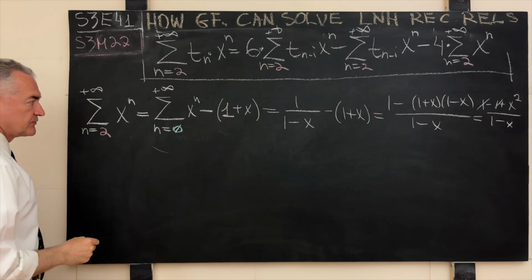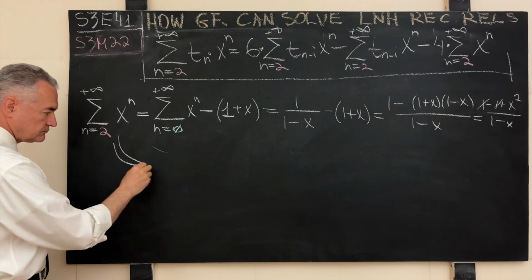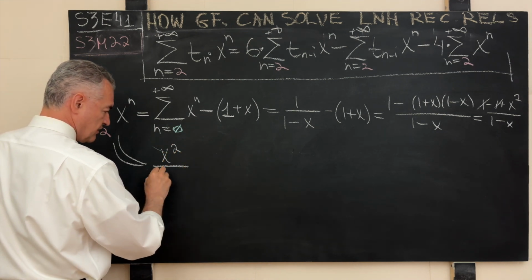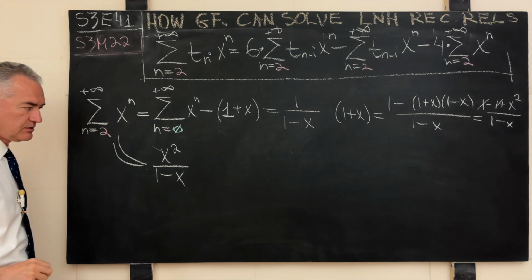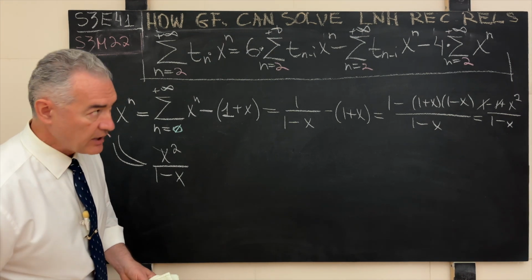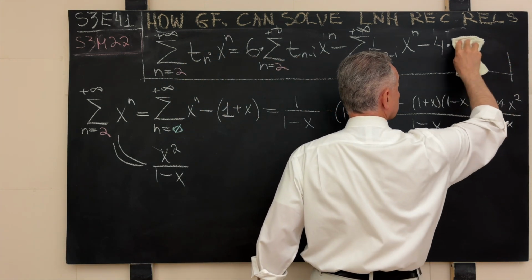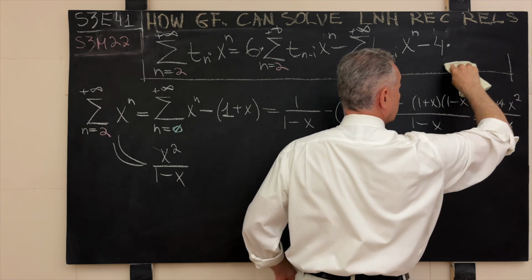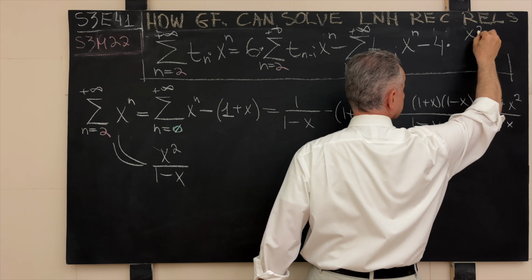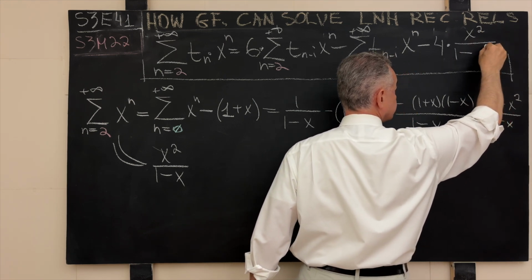And what do we have in the end? In the end, we have the following result. Our sum is equal to x squared divided by 1 minus x. You see, this is the manipulation, and there you go. So what we can do now is erase this sum and replace it with the material that we uncovered so far. So this will be 4 times x squared divided by 1 minus x.